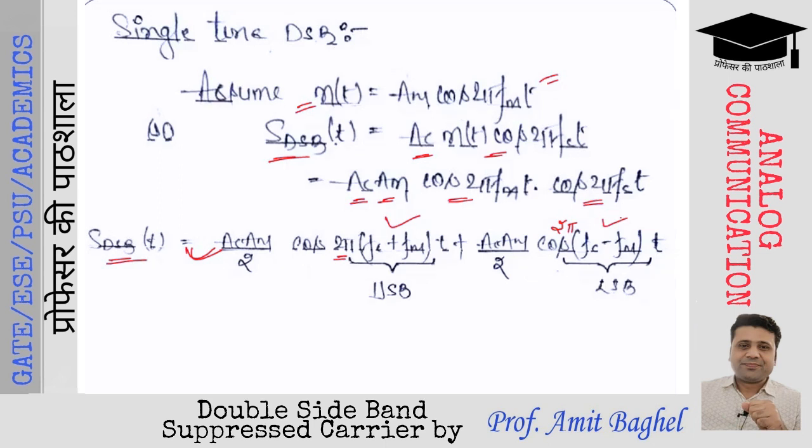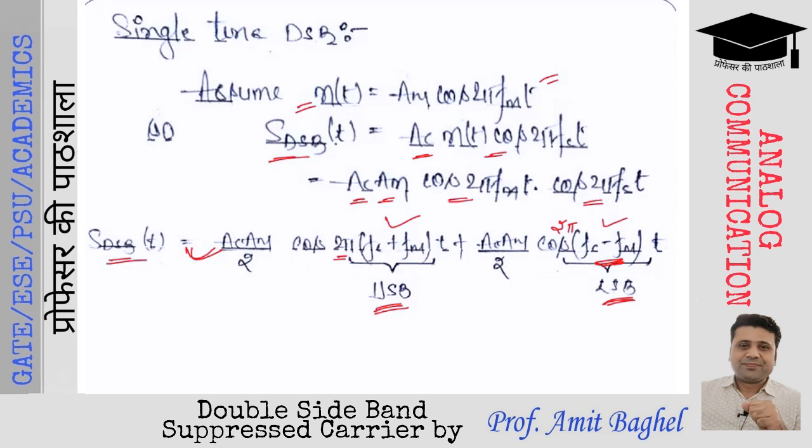Okay. जो frequencies higher frequencies पर जाएंगी, that will be known as the upper sideband spectrum. That will create the upper sideband part of the spectrum. So upper sideband frequencies will be fc plus fm, whereas lower sideband will be created by the lower frequencies. So fc minus fm will create the lower sidebands of the modulated signal.